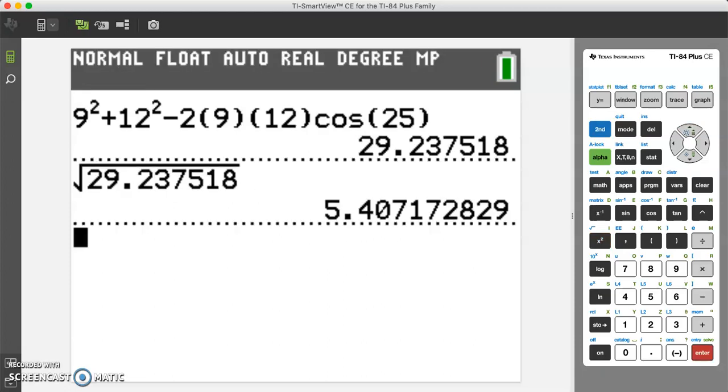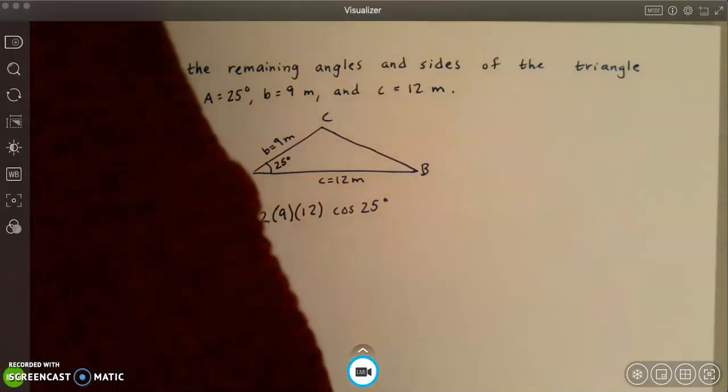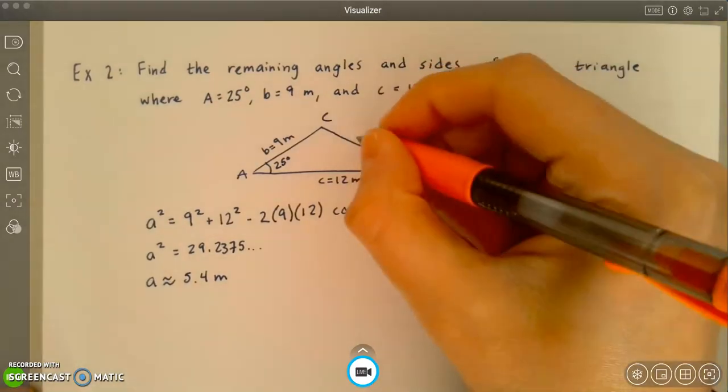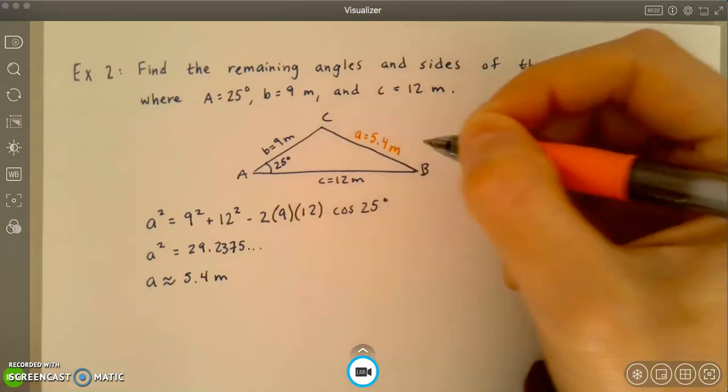We know that when we square root, you get plus or minus, but it wouldn't make sense to have a negative value for a side length. So we're only going to consider the positive value. So we're going to say that side A is approximately 5.4 meters. All right, so side A is about 5.4 meters.